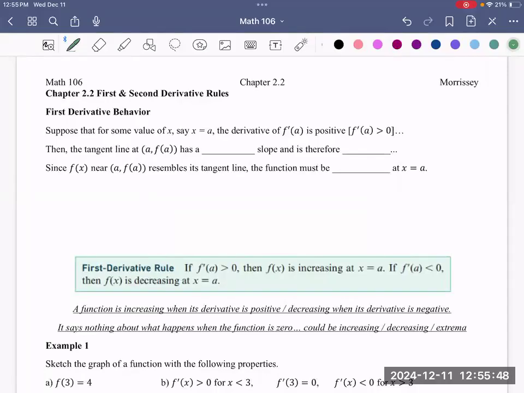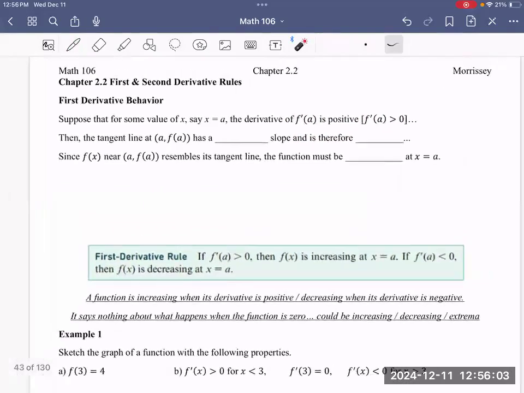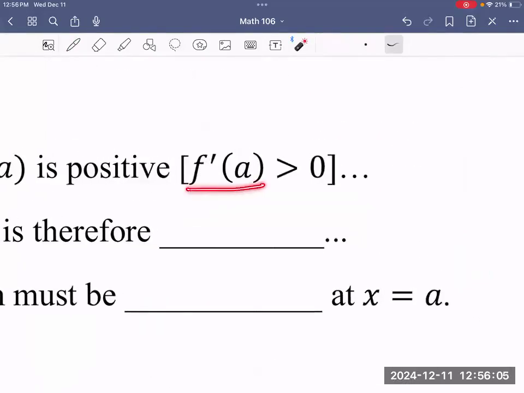Now that we know how to take the first and second derivatives, it says, suppose that for some value of x, say x equals a, the first derivative of f at a is positive. To say it's positive: the first derivative of f at a is greater than 0.